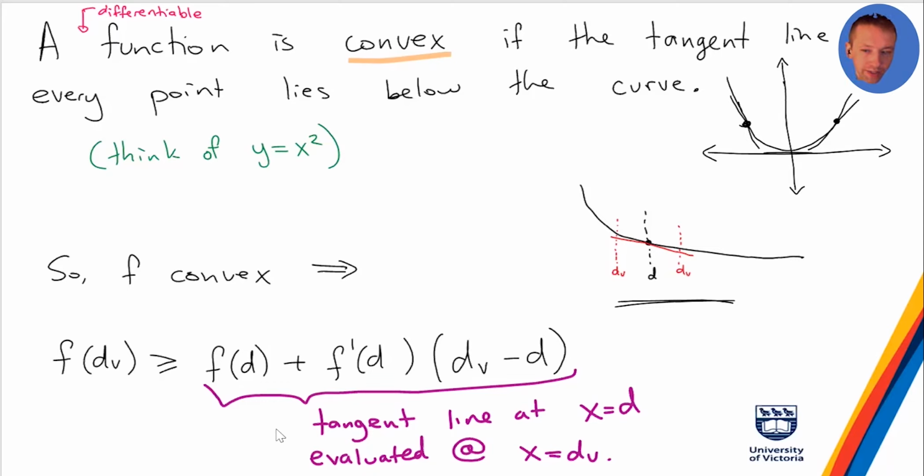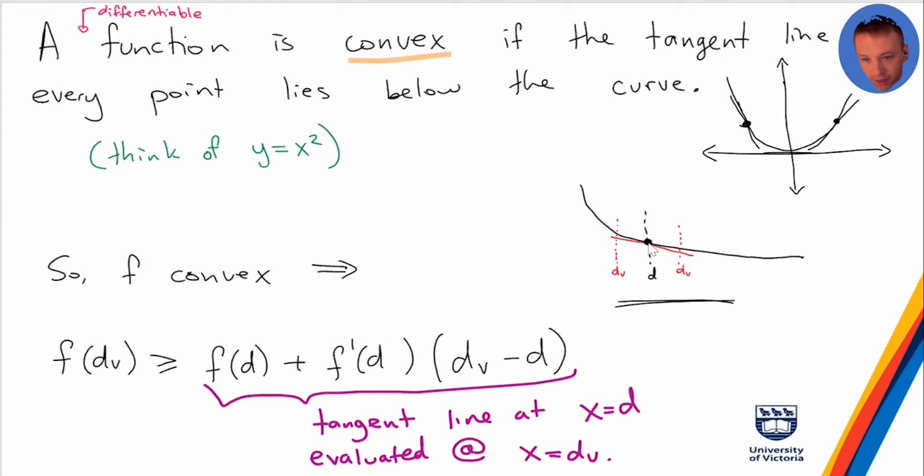So what does this mean in terms of my f of dv? We said a function is convex if the tangent line at every point lies below the curve. Think about the tangent line at the value d. Remember, d is the average degree of the graph.